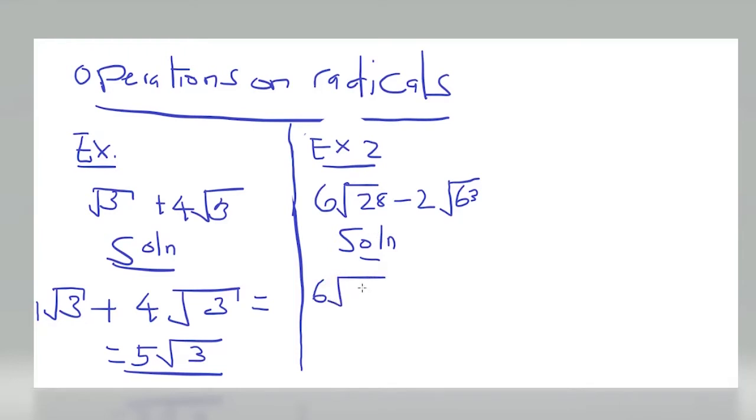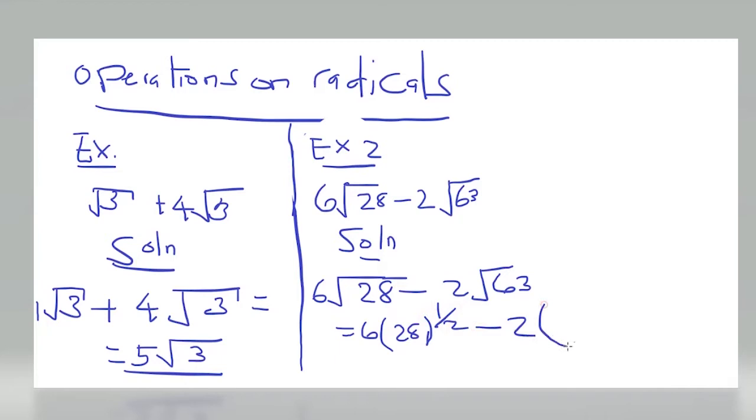Let me copy this question: 6 root of 28 minus 2 root of 63. Now this one can be equal to, by simplifying, 6 times 28 power a half, minus 2 outside the bracket, then 63 power a half.